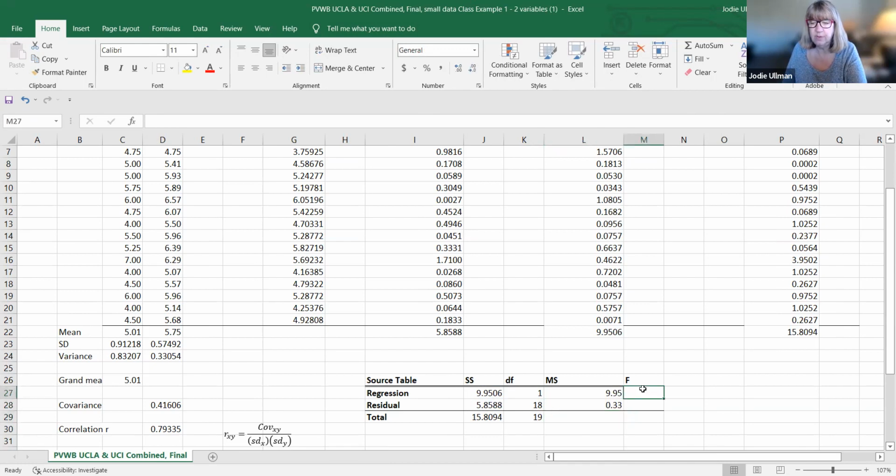And then our F ratio is our mean square divided by our mean square residual. So 30.57. And our degrees of freedom are 1 and 18. So you can look at a calculator, or I think there are tables here, but it does not include it.